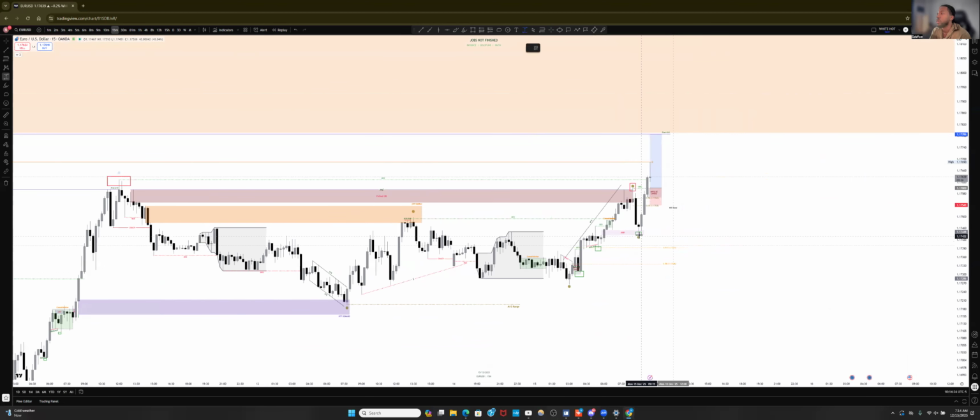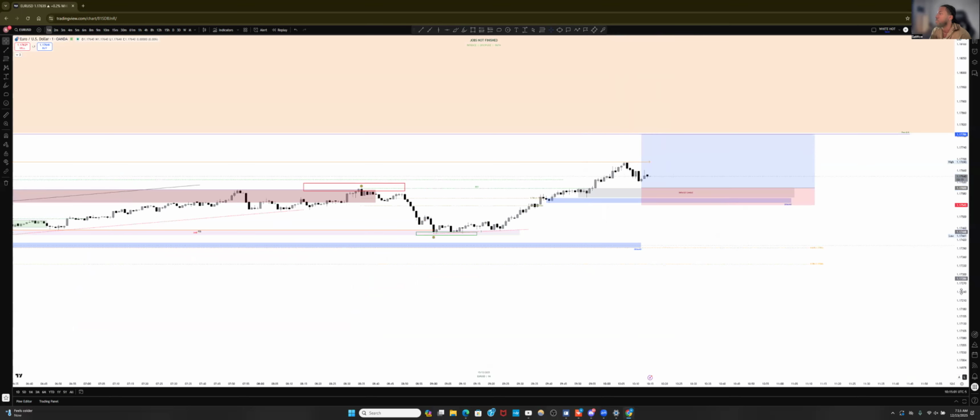Price has gone up 25 pips from this range, from this 9 a.m. We've run up 25 pips. The remainder would be from here, another 19, 18 pips. Is that possible? Yes, it can be possible. Let's see.